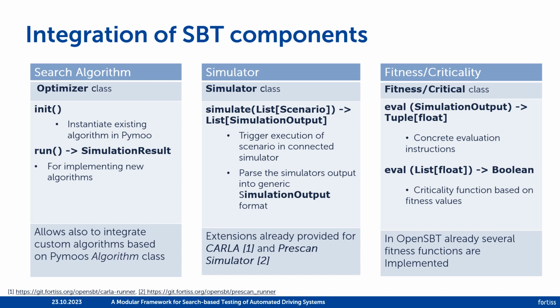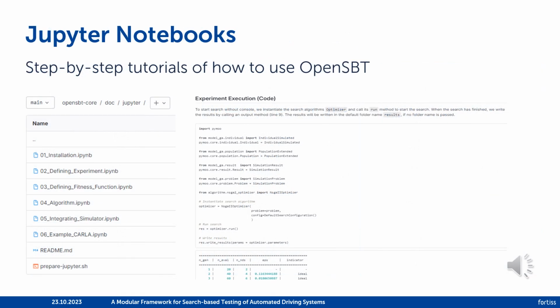For this demo, we have implemented extensions to integrate CARLA and PreScan simulators. To define the fitness and criticality function, the user has to implement the eval method of the respective classes. More detailed information can be found in the README of OpenSBT. Further, we have provided several Jupyter notebooks to explain step by step how to use OpenSBT.